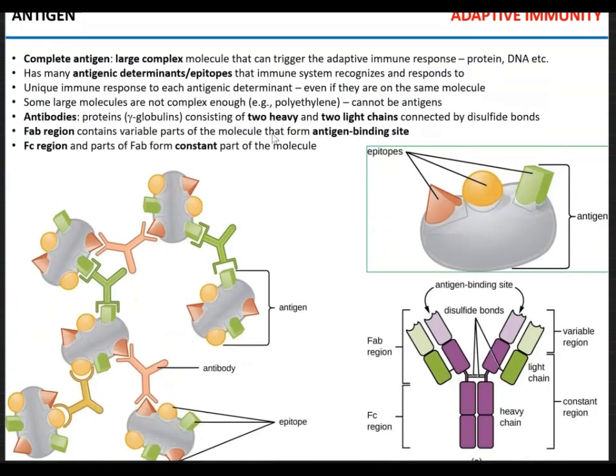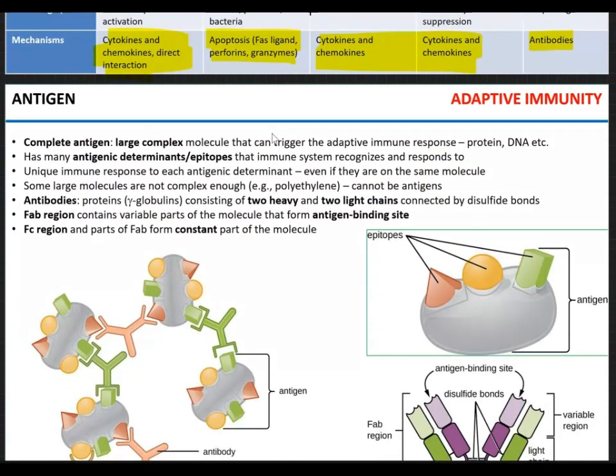So what exactly do those immune cells respond to? They respond to an antigen. What is the characteristic of an antigen? It is a large and complex molecule that is importantly foreign, and I'll explain what it means, for your immune system.